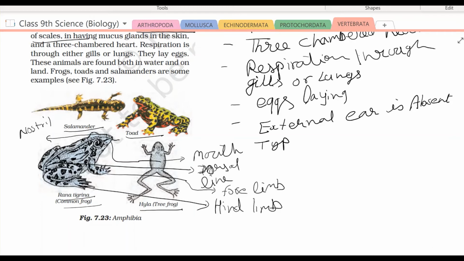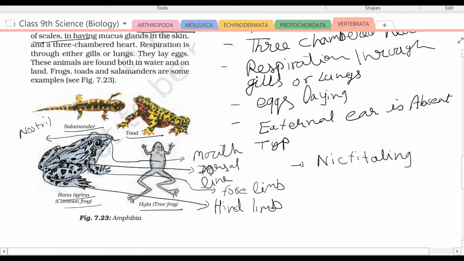When you make a diagram, it is necessary to complete the labeling. External ear is already absent. The upper and lower eyelids are immovable. A third eyelid is called the nictitating membrane.